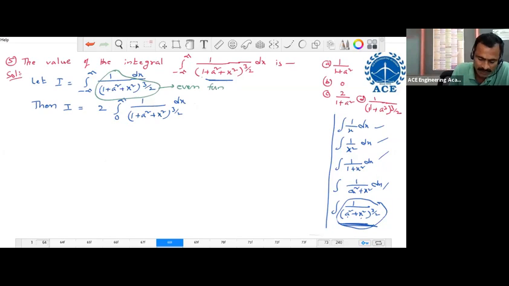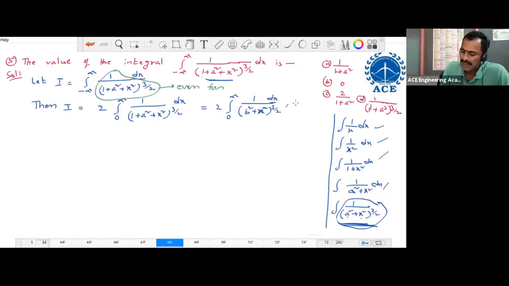Next, this is equal to 2 into the integral from 0 to infinity of 1 by (b square plus x square) power 3 by 2 dx.